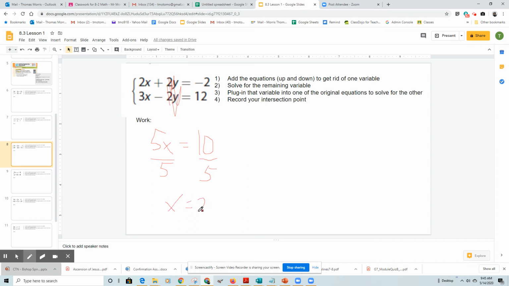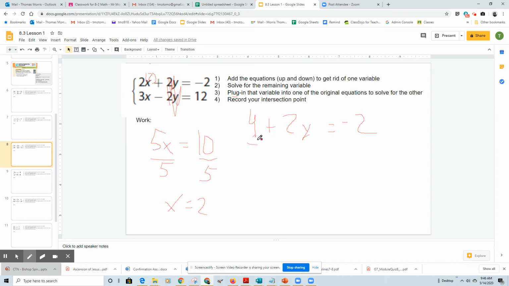Go back now and plug that into the other equation to solve for the other variable, with the 2x. So 2 times 2 is 4, plus 2y equals negative 2. Now I'm going to solve for y.